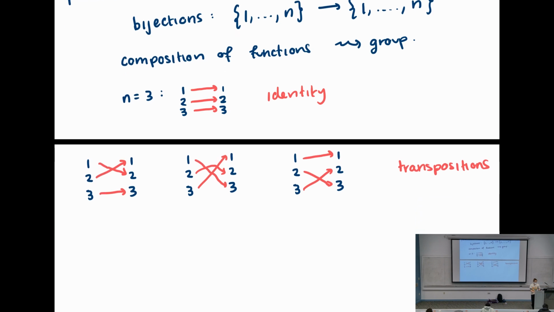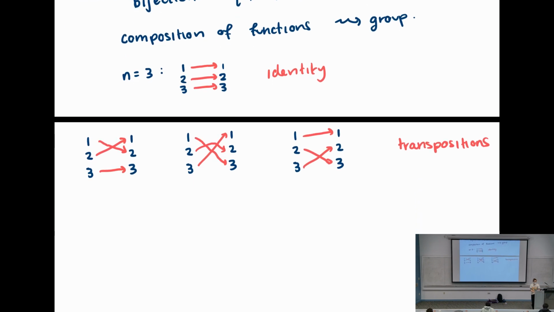And then there are 2 more elements, and these just cycle the elements around. So, for example, I can send 1 to 2, 2 to 3, and 3 to 1.